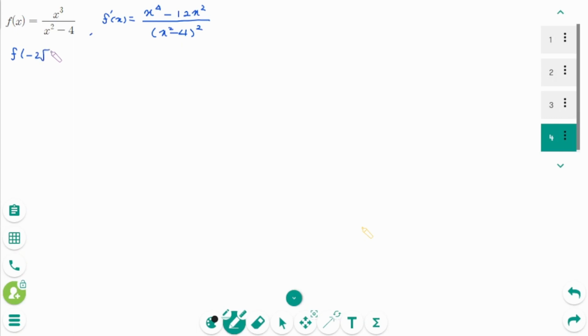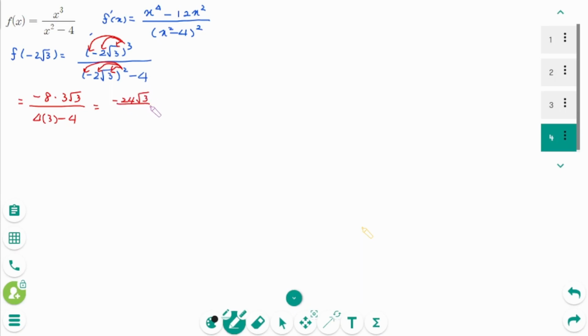F of minus 2 square root of 3 equals minus 2 square root of 3 cubed over minus 2 square root of 3 squared minus 4, equals minus 8 times 3 square root of 3 over, make positive, 2 squared is 4 times 3 minus 4, equals minus 24 square root of 3 over 12 minus 4, which is 8.